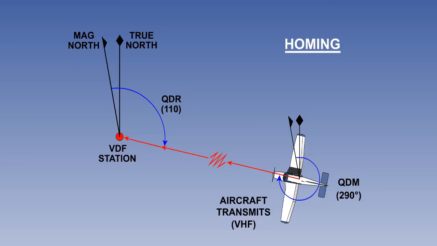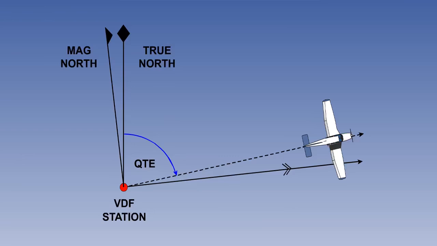If you want a track to fly, you would ask for a magnetic bearing, that is, the QDM or the QDR. But if you wanted to plot your position on your chart, for example, to know where you were in relation to a danger area, you would request a true bearing, as charts are oriented to true north.